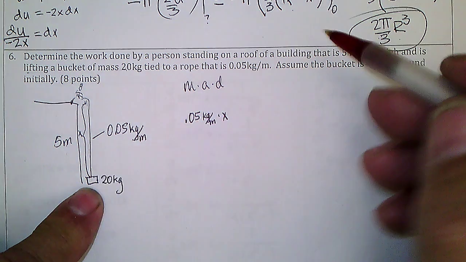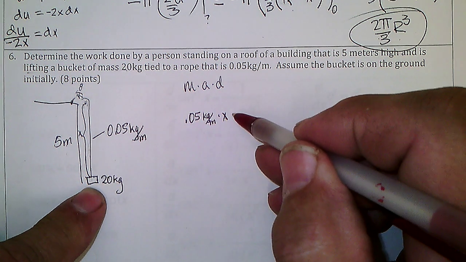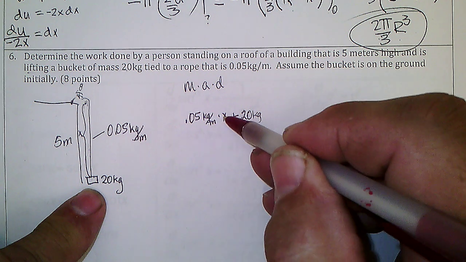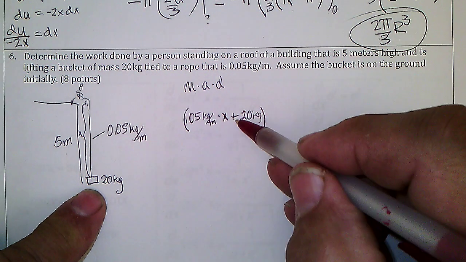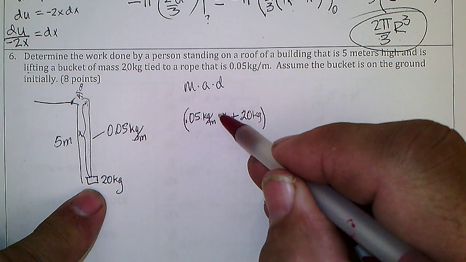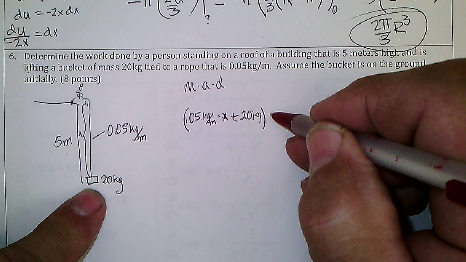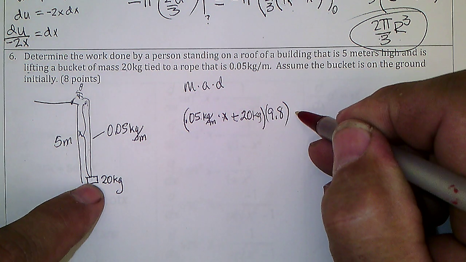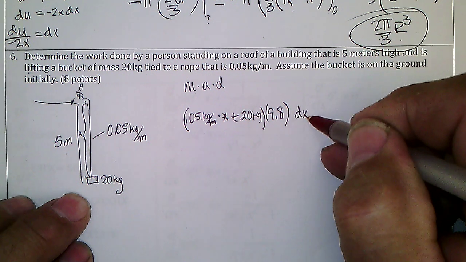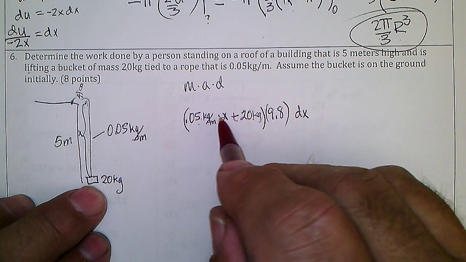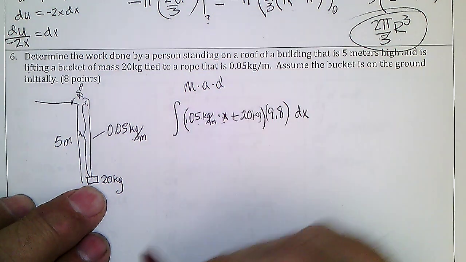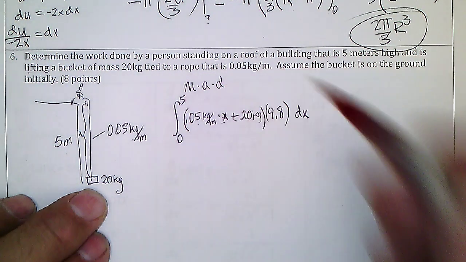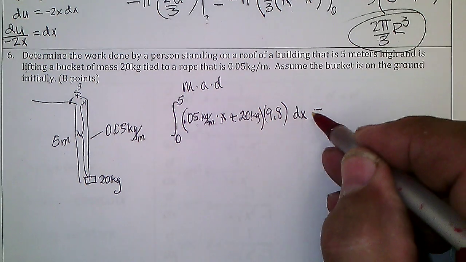That's how much is out there, and that's going to change, plus the 20 kilograms that's always going to be there. The meters cancel, so that'd be kilograms. That's the mass: density times length plus the other mass. Times the acceleration due to gravity, times the distance I'm going to lift it, which is going to be dx. Then I'll lift it a little bit, the mass will change, lift it a little bit, the mass will change, and keep changing, and I add up all those little changes. x is going to go from 0 to 5, or 5 to 0, whichever way, but we want the positive answer, so I'm just going to use 0 to 5.